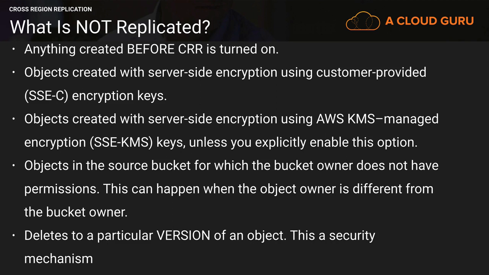And that's where I talked about the documentation sort of conflicting with itself. It says that SSE-KMS is replicated, and then it goes on to say, well, actually it's not unless you explicitly enable the option. So you have to go in and explicitly enable it. And then objects in the source bucket for which the bucket owner does not have permissions. So this can happen when the object owner is different from the bucket owner.